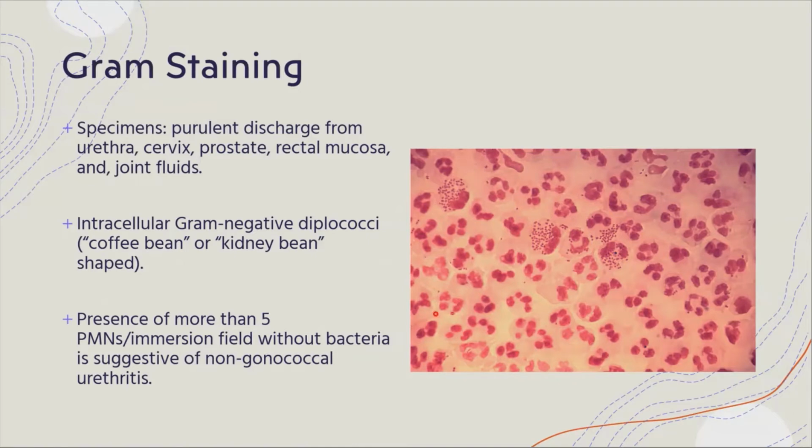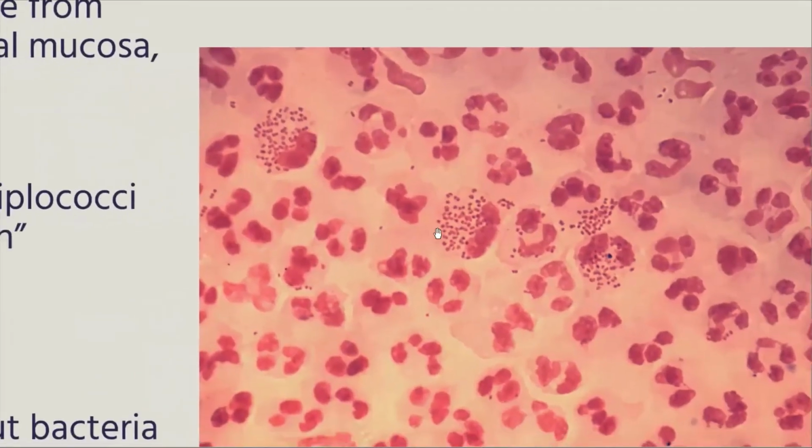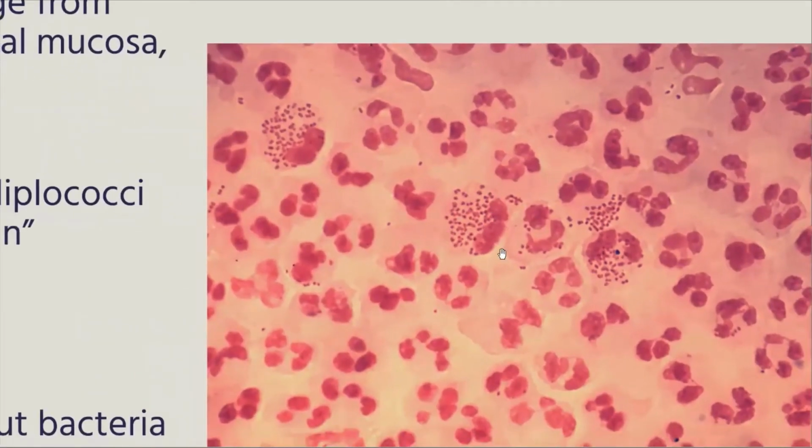And to confirm, ayan, makikita nyo na may mga diplococci sa ating intracellular diplococci dun sa ating neutrophils. Ito yung mga engulfed na diplococci. So they appear in pairs, okay, and have this characteristic coffee bean or kidney bean shape. Ayan. So this is a classic example of a direct microscopic examination from a purulent discharge caused by gonococcal infection.